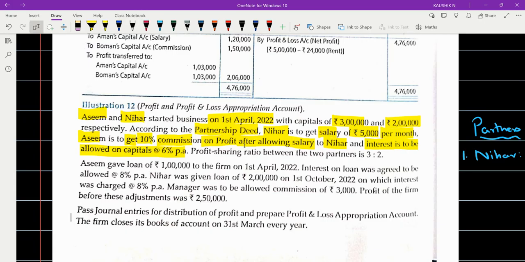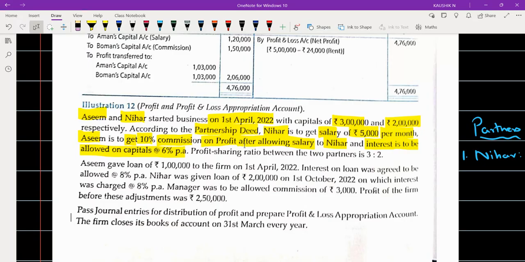From 2 lakh 50. Correct? Okay, you got 1 lakh 90. In this 1 lakh 90, you are applying 10 percentage, right? So if that is the case, how much do you have to get? Rupees 19,000.